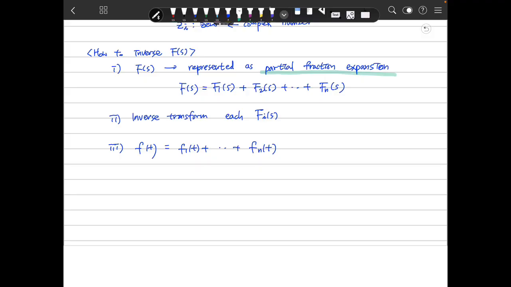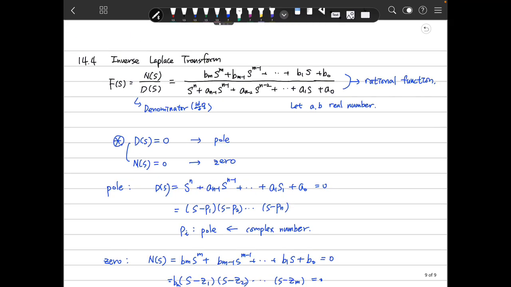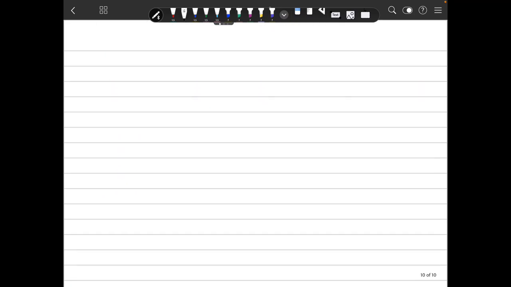So we will discuss some cases of the partial fraction expansion. Case one is the all simple pole case.